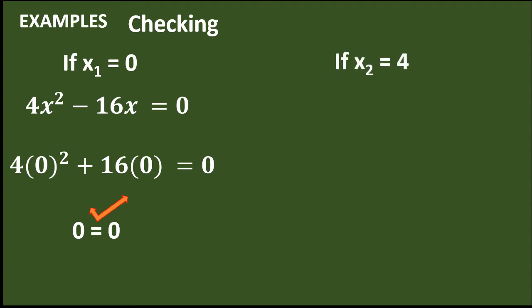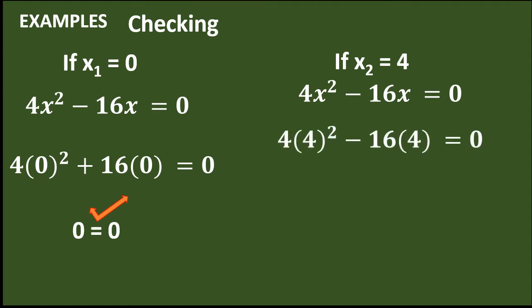X of 2 is equals to 4. Again, substitution. X will become 4. Our equation will become 4 times the quantity 4 squared minus 16 times 4 equals 0. So we have to square 4. We have 16. 16 times 4, that is 64.